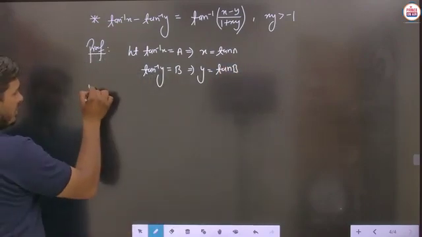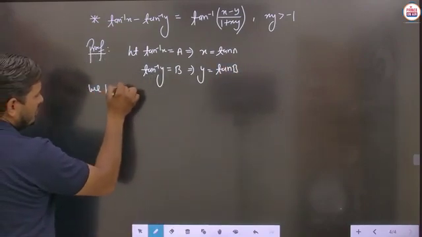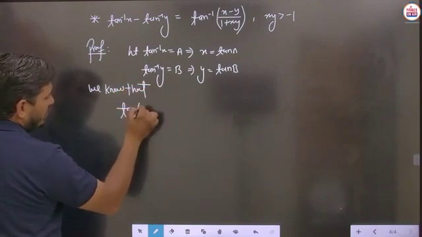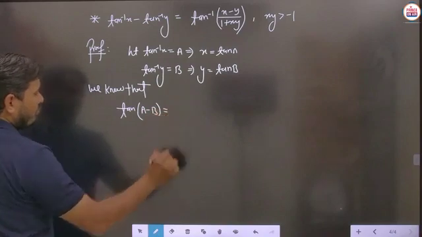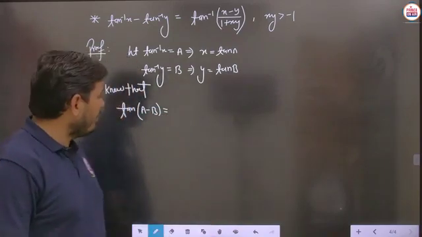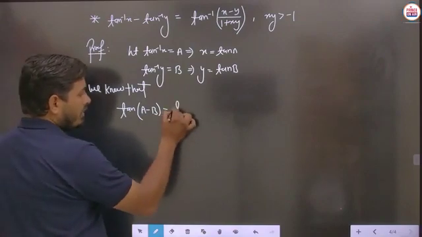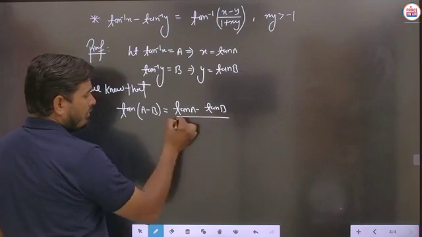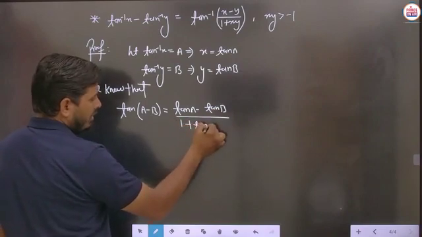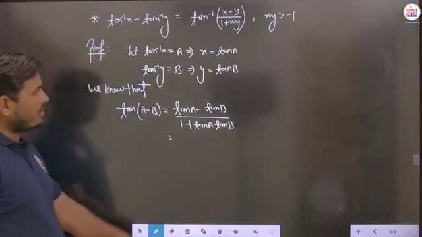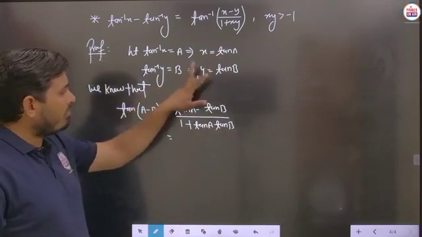Now we know the formula tan(A minus B), because we have to do the subtraction formula. Tan(A minus B) is tan A minus tan B divided by 1 plus tan A multiplied by tan B, and tan A becomes x and tan B becomes y.